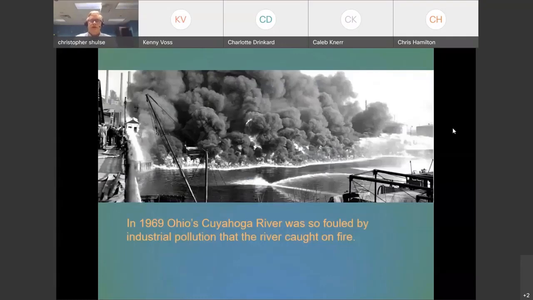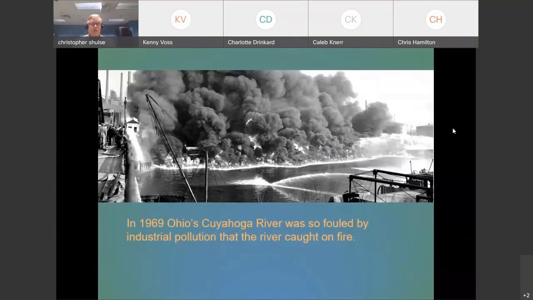This is a famous photo of a famous incident that occurred in 1969 in Ohio's Cuyahoga River. It was so fouled by industrial pollution that the river caught fire. What many people don't realize is that this photo was actually taken in the 1950s, and there was no photo taken of the 1969 incident.